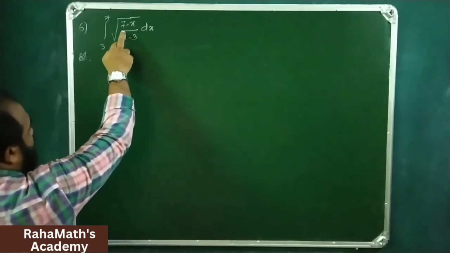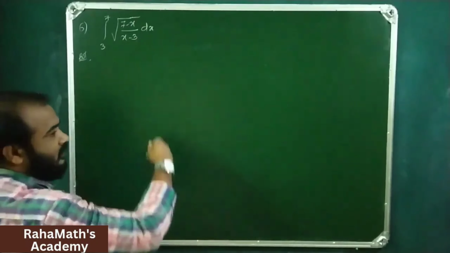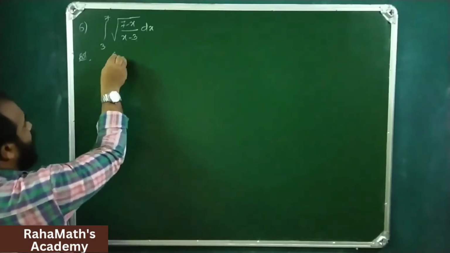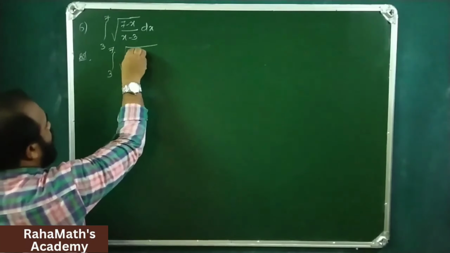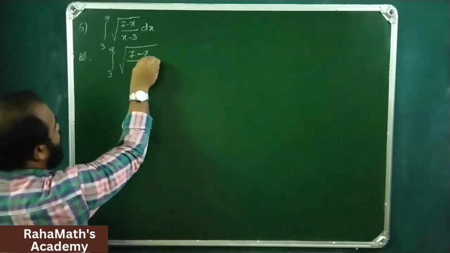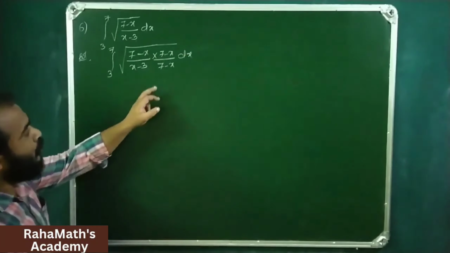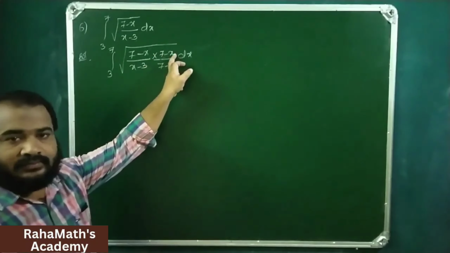Here we have integral 3 to 7 square root of (7 minus x) by (x minus 3), into (7 minus x) by (7 minus x). I will multiply and divide by the numerator 7 minus x.